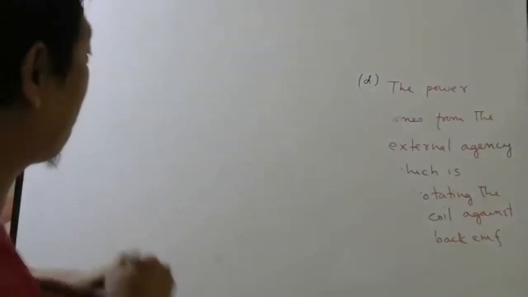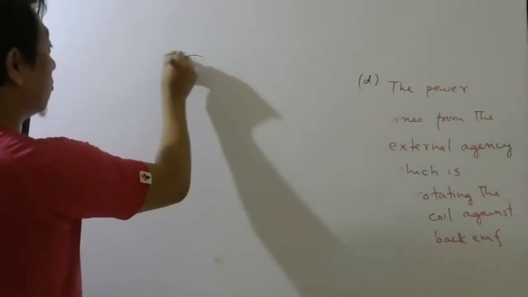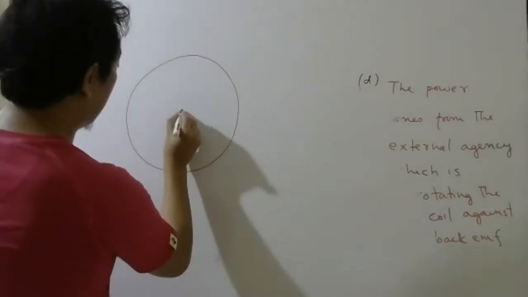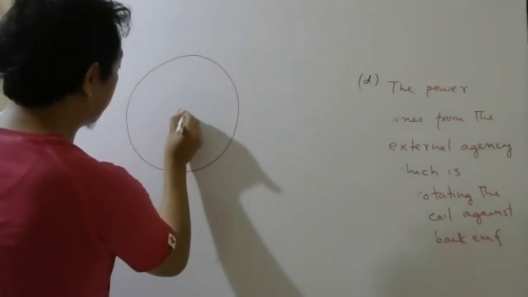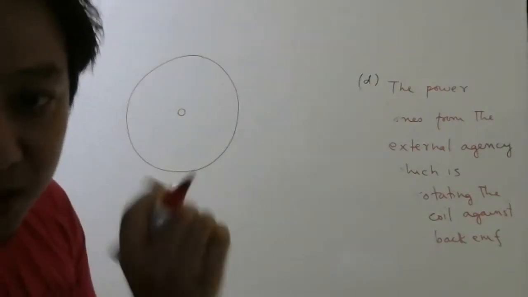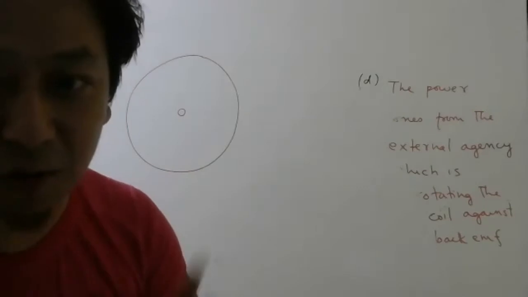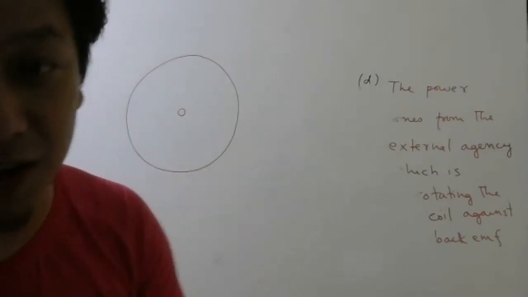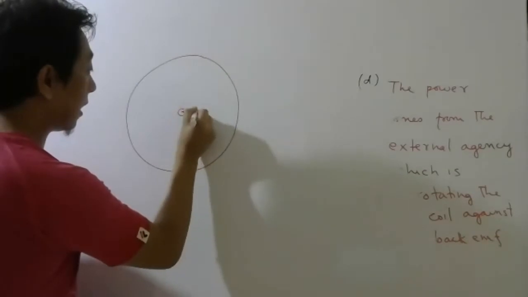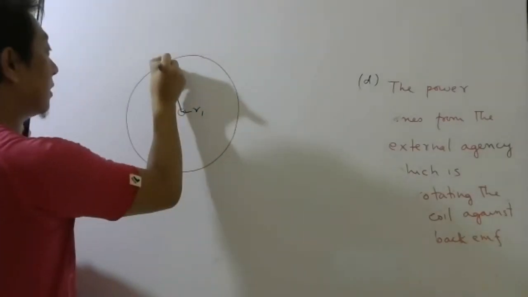So this is interesting. They have given one big circular coil and one small circular coil, not a solenoid. What we did for the board syllabus was a solenoid. This radius is R1, this radius is R2.